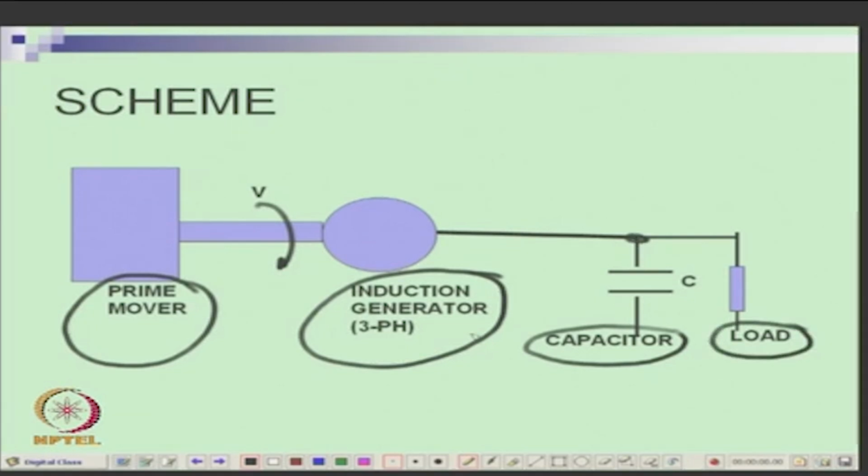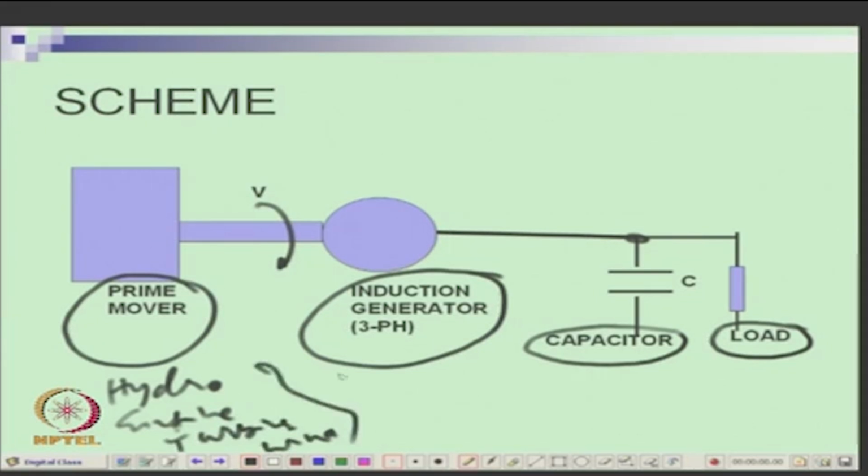The prime mover may be hydro, engine or turbine, or a wind turbine, etc. Any type can be there, and the generator is a normal 3-phase induction machine.